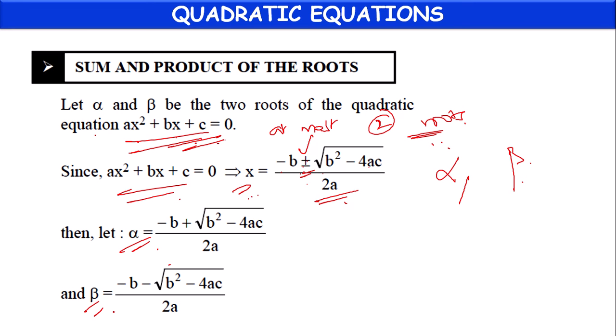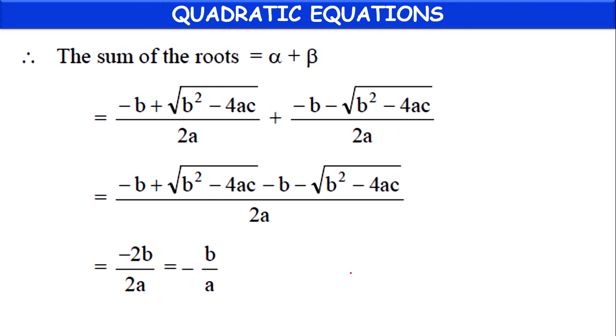So like this, the quadratic equation which is in the form of ax square plus bx plus c equal to 0 will be having two roots, alpha and beta, in this form. So now, if you want to find out the sum of the roots, already we know the value of alpha, already we know the value of beta.